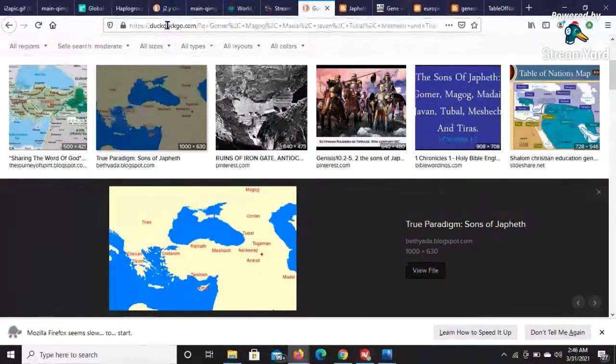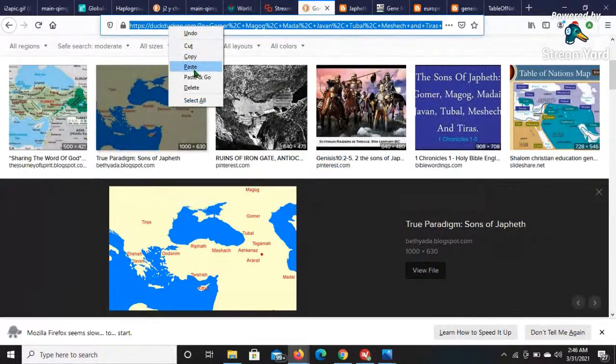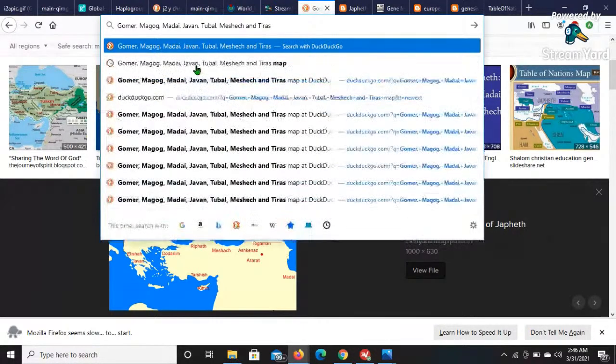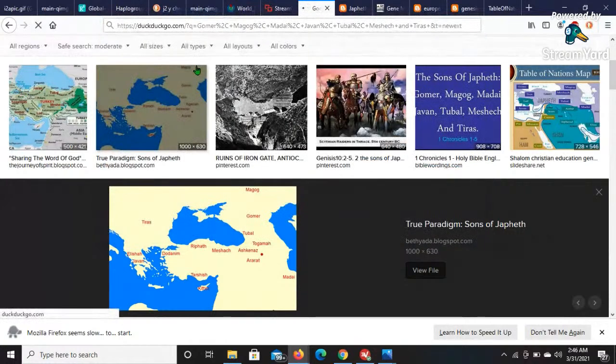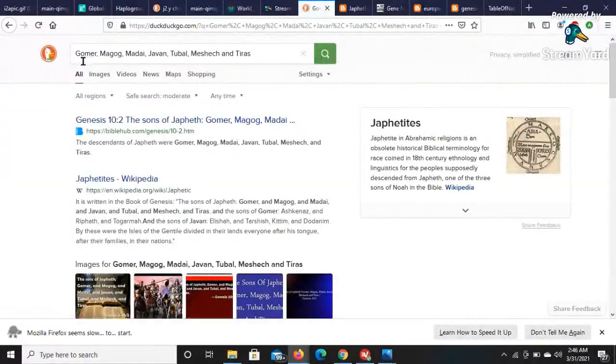Let's try this again. Okay, these are the names: Gomer, Magog, Madai, Javan, Tubal, Meshach, Tiraz.